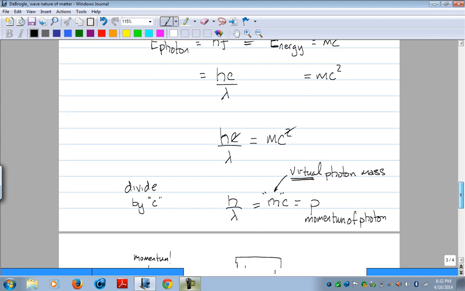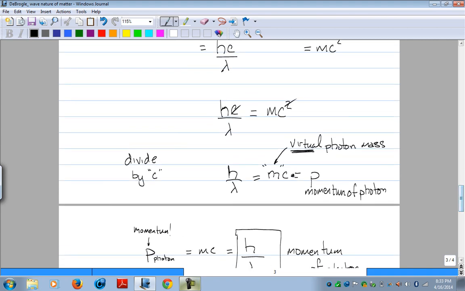and we get h over lambda equals mc, which is mass times speed, or mass times velocity, momentum without the direction. So we can't exactly call this mass because it's a photon, so we'll just cheat a little, not really cheating, but semantics, we call it the virtual photon mass, and we call this m times speed, or mv, or for light, mc, the momentum of a photon.